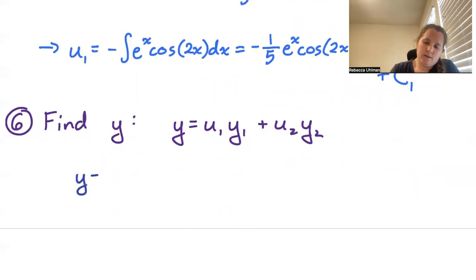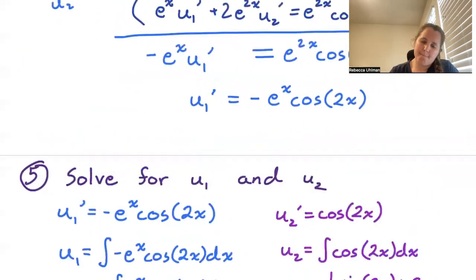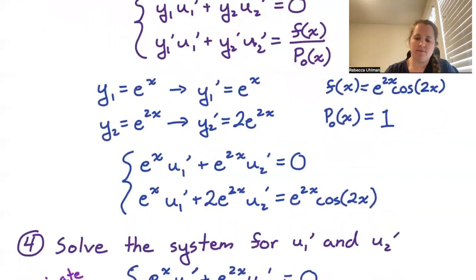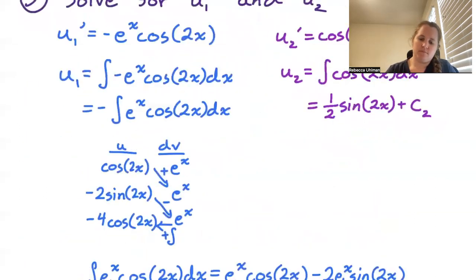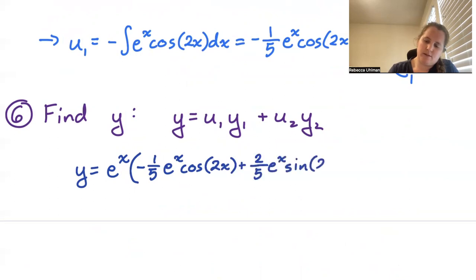So we have y is equal to, y1 was e^x and y2 was e^(2x). So e^x times (-1/5 e^x cosine of 2x plus 2/5 e^x sine of 2x plus c1).